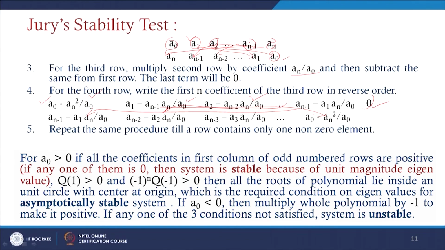And again we will repeat the procedure till a row with a single non-zero entry exists, and if any one of the entries is negative, at that position we can say that the system is unstable.